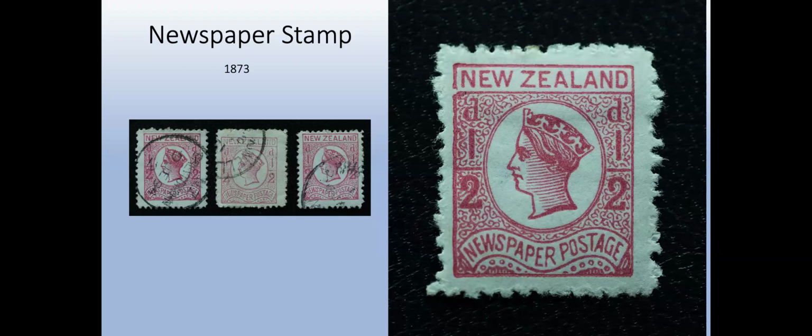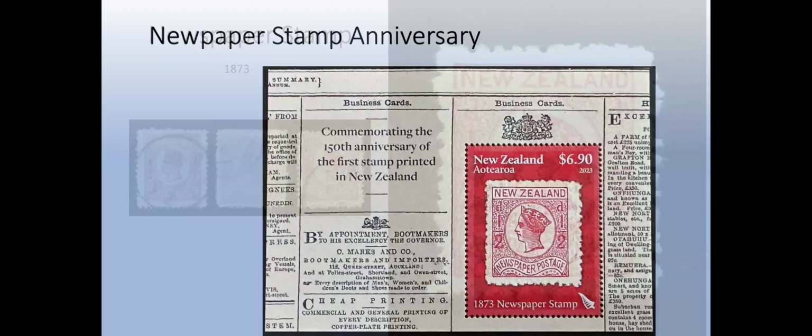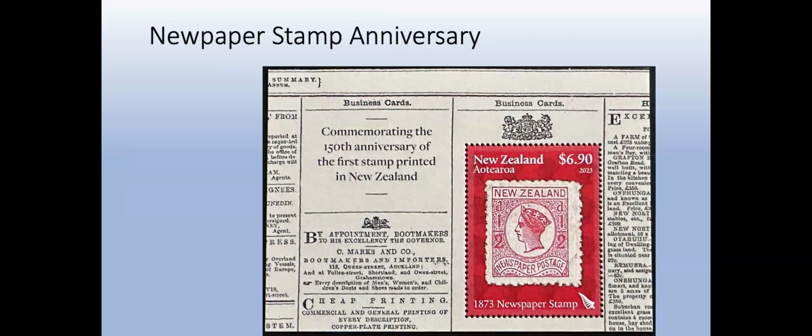So the first stamp printed in New Zealand. It was only legal to use these on newspapers and not on general mail. And last year, New Zealand Post produced a souvenir sheet featuring the newspaper stamp commemorating the 150th anniversary.